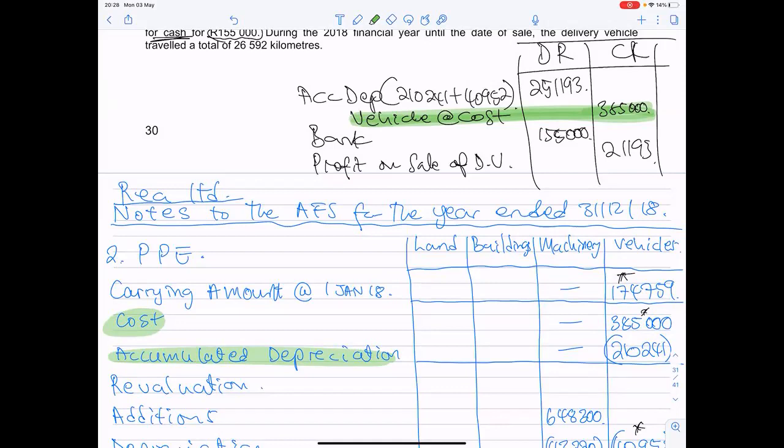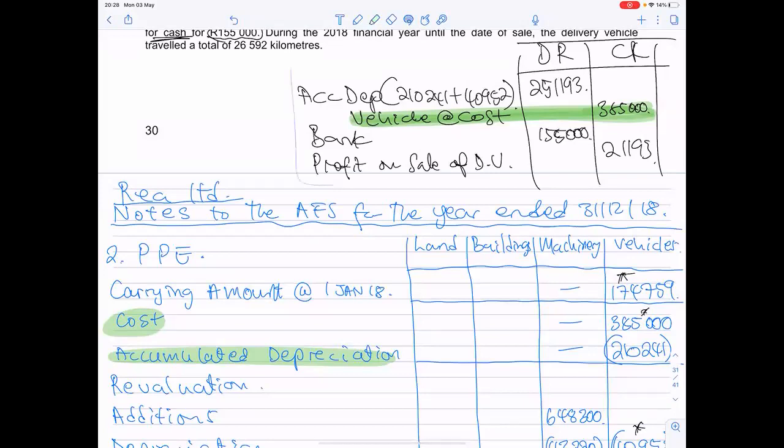Then accumulated depreciation: those are the depreciations that were being added all over these past years. We also have to remove everything on the vehicle that was added in the accumulated depreciation account. All right. So, thanks, it's clear.